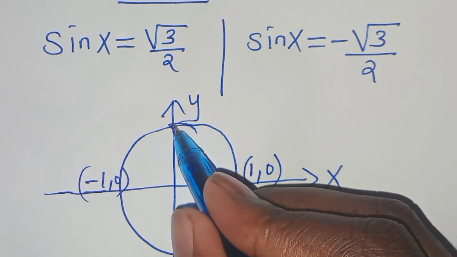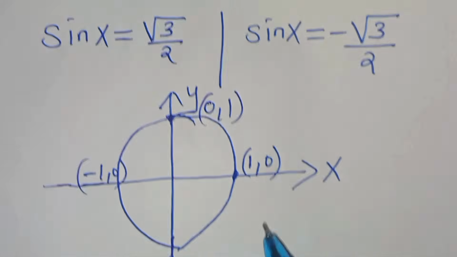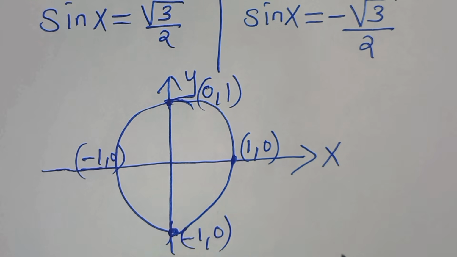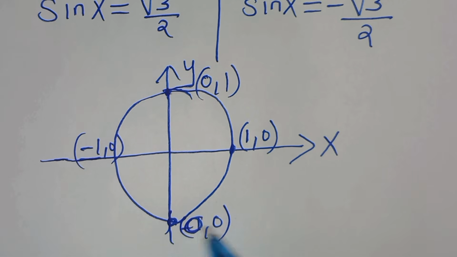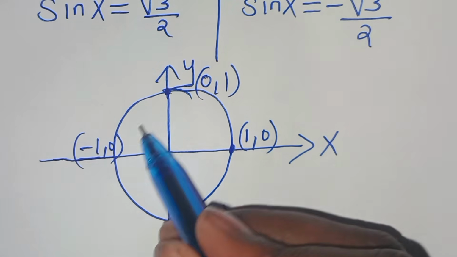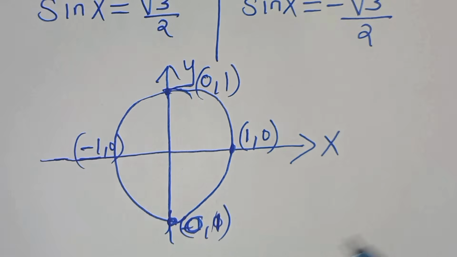Then here we have 0, 1. Then here we have 0, negative 1. This is the value of x and y. This is the first quadrant here. This is the second quadrant. This is the third quadrant, and this is the fourth quadrant.